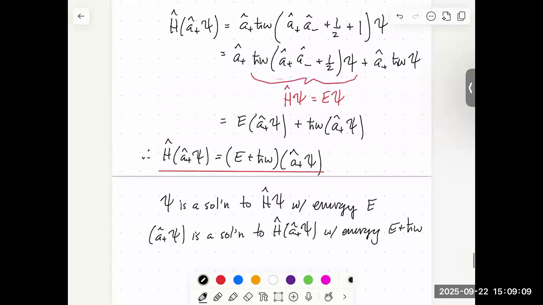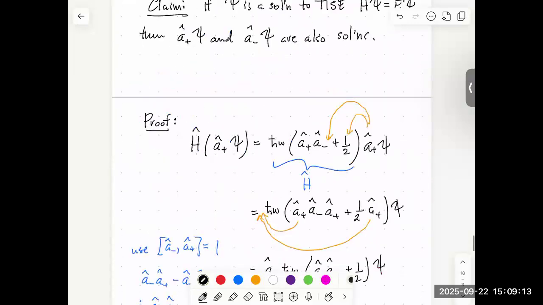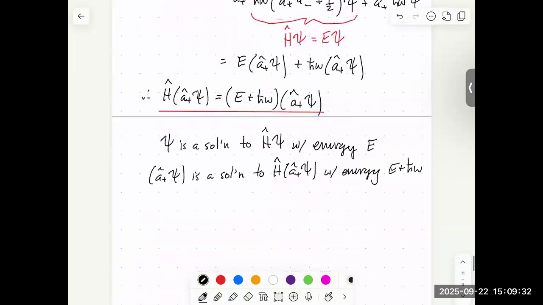Now, I've said this twice already, but what we could have done is, you might ask, why did you pick A plus? What if I put an A minus here and I used the version of the Hamiltonian that went A minus A plus minus 1/2? What would happen if I did that? It is going to be a solution to the Schrodinger equation.